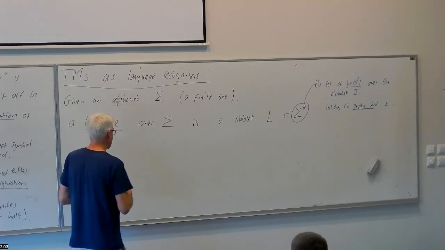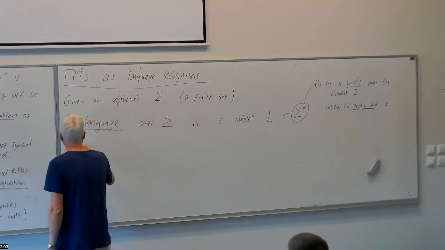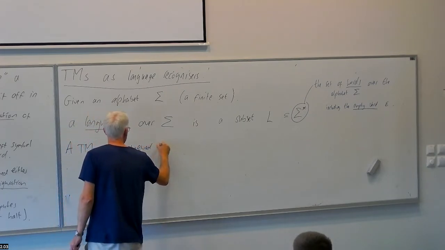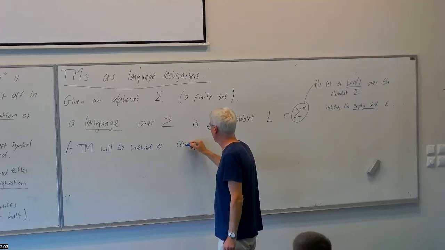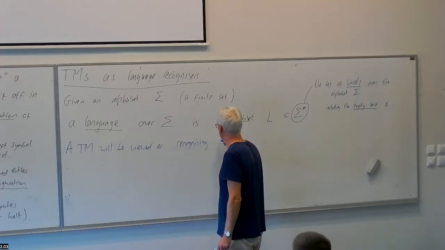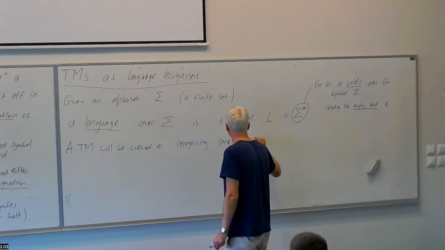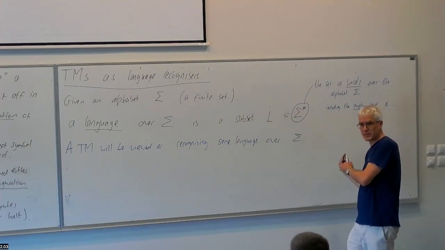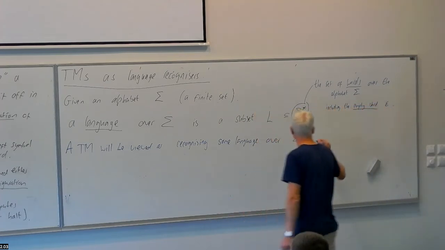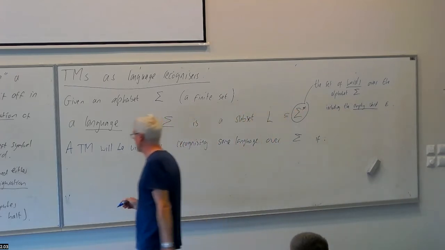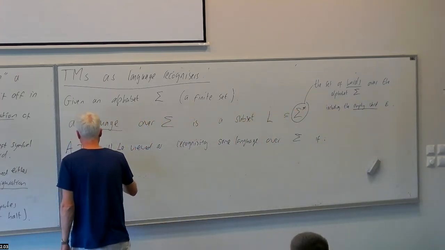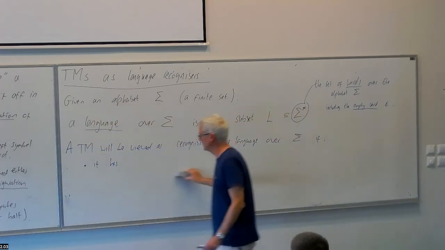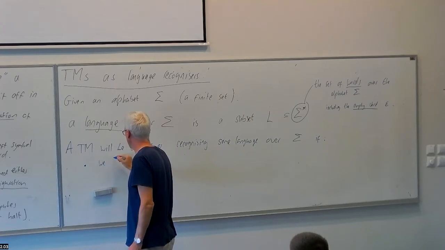Anyway, a language is a subset L of sigma star, and we're going to look at how a Turing machine recognizes a language. A Turing machine will be viewed as recognizing some language over sigma, namely a subset of sigma star, if, for a Turing machine to count as a language recognizer, I'm going to ask for the following.